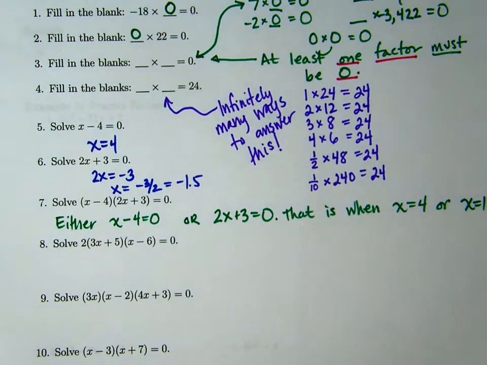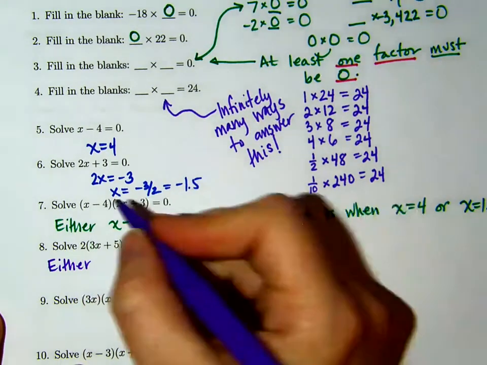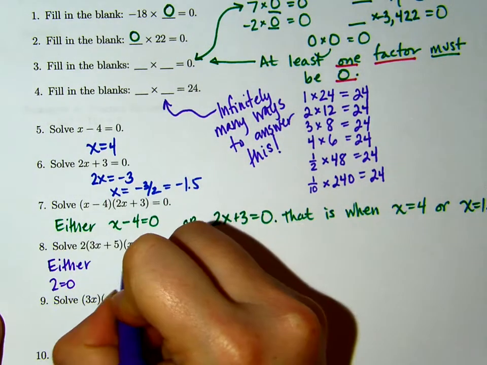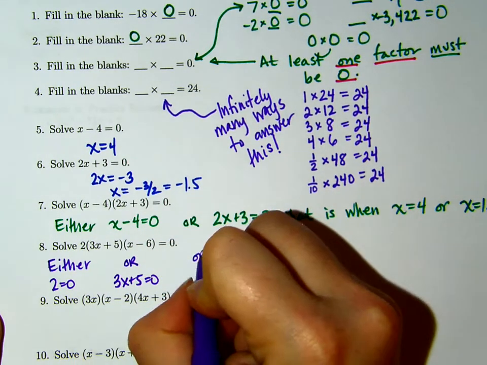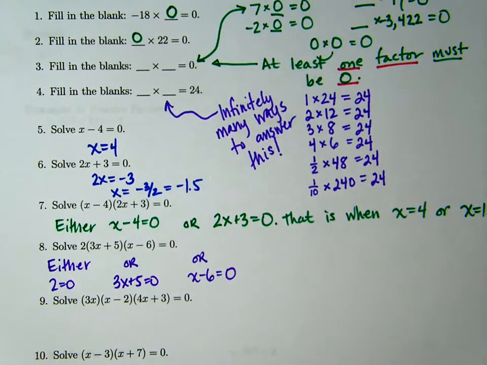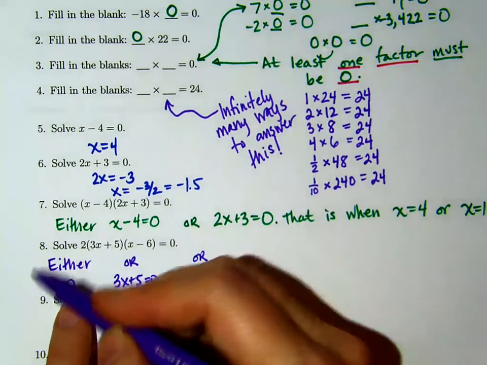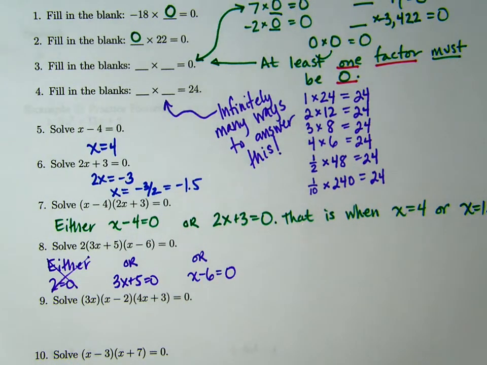So either 2 equals 0 or 3x plus 5 equals 0, or x minus 6 is equal to 0. Well, in the first scenario, that is just not feasible. So either, no, that is not going to happen. 2 is not 0 in terms of real numbers.